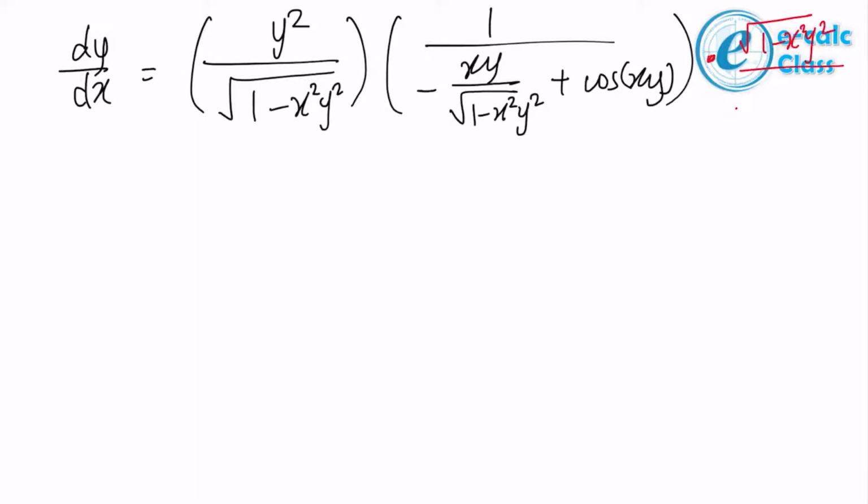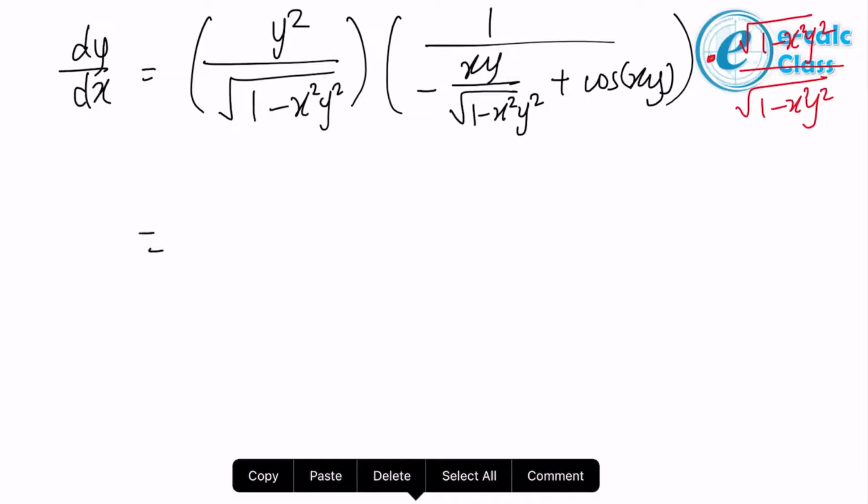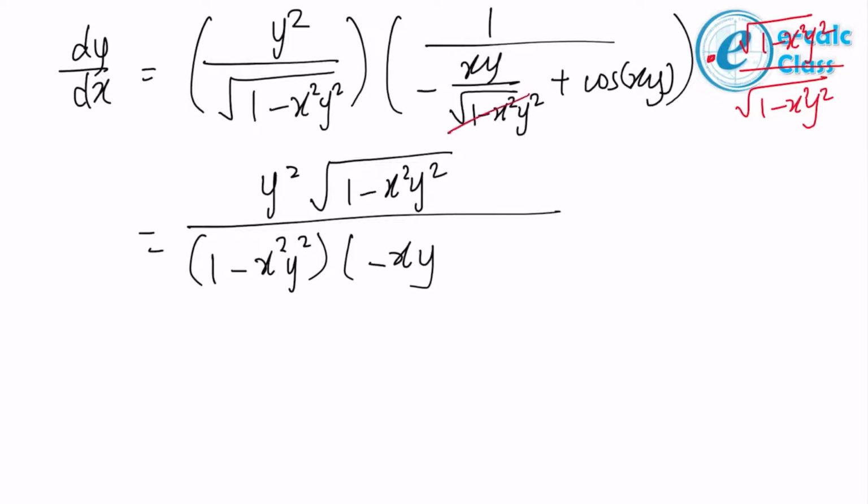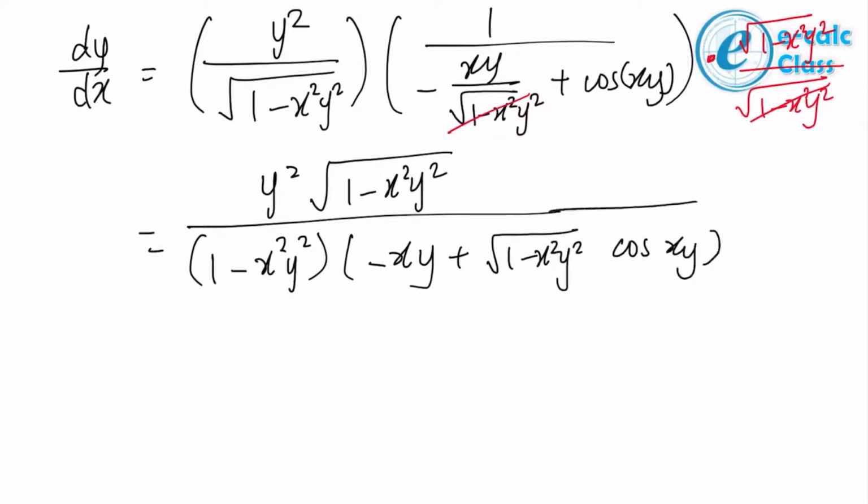Multiply both top and bottom by square root of 1 minus x squared y squared. So on top we'll have y squared over square root of 1 minus x squared y squared, times together becomes 1 minus x squared y squared, negative xy because this and that cancel, plus square root of 1 minus x squared y squared cos inverse xy. Finish.